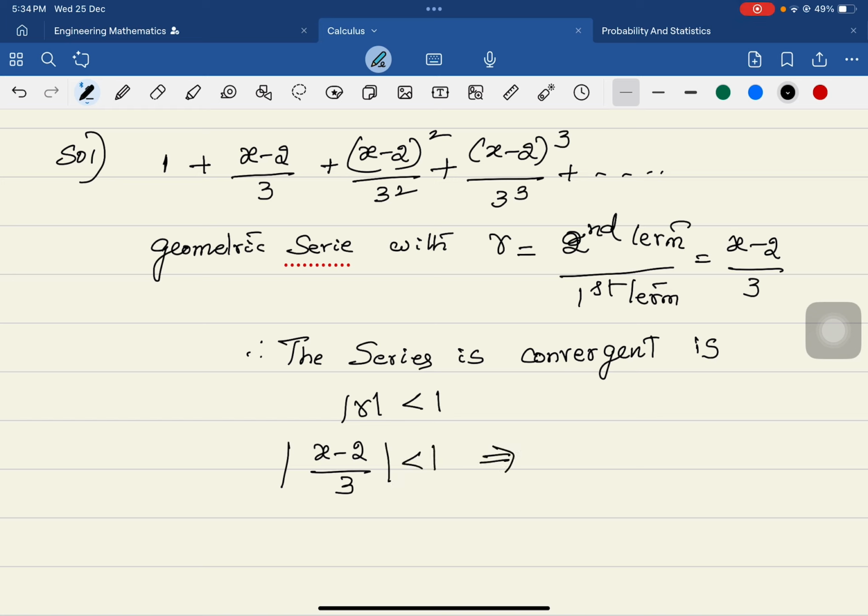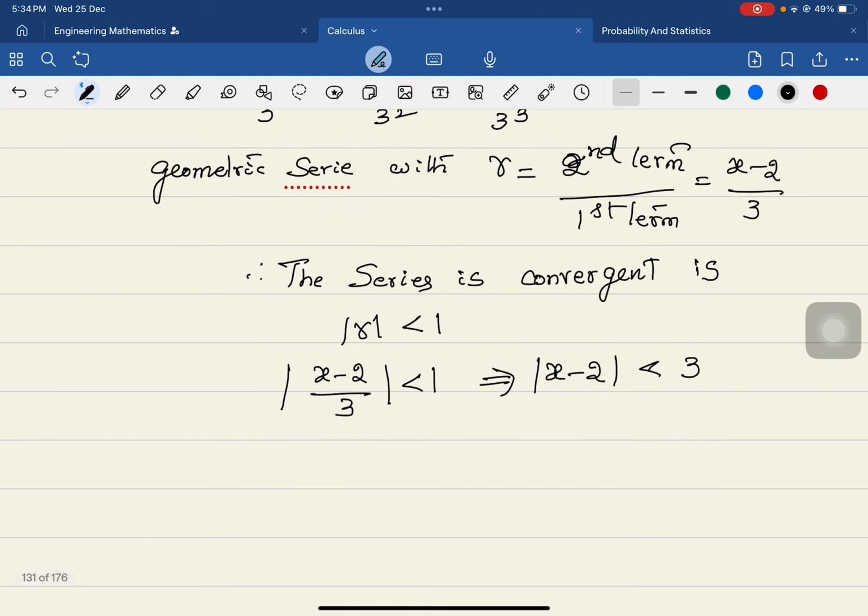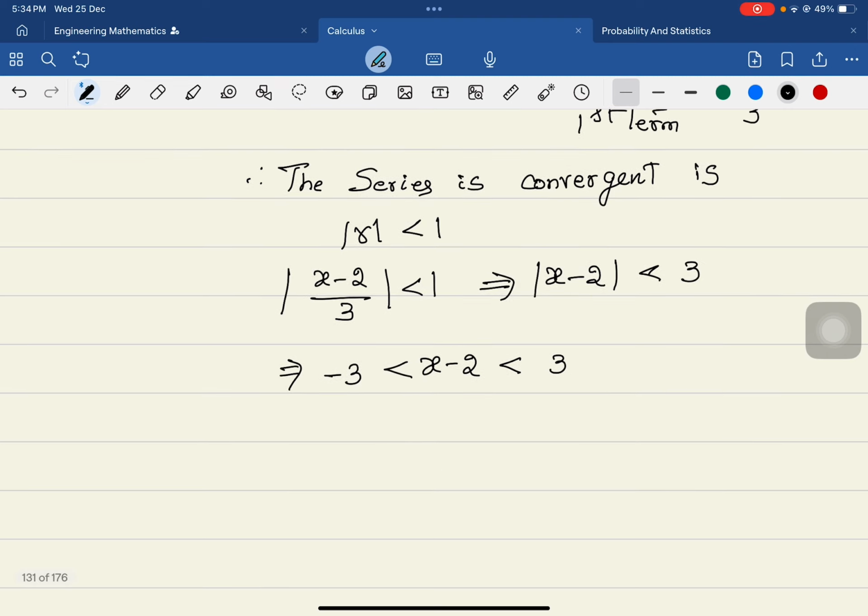So that implies mod of x minus 2 is less than 3. When I write like this, x minus 2 lies between minus 3 and plus 3. Okay, so that implies add 2 on both sides. Minus 3 plus 2 is less than x minus 2 plus 2 is less than 3 plus 2.